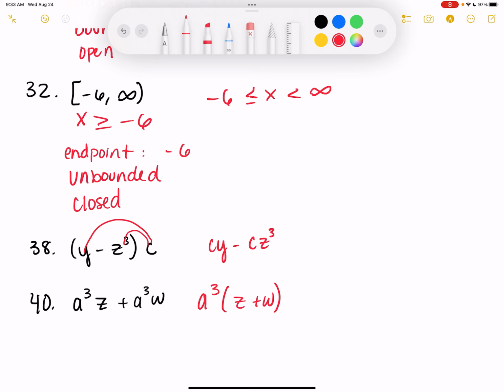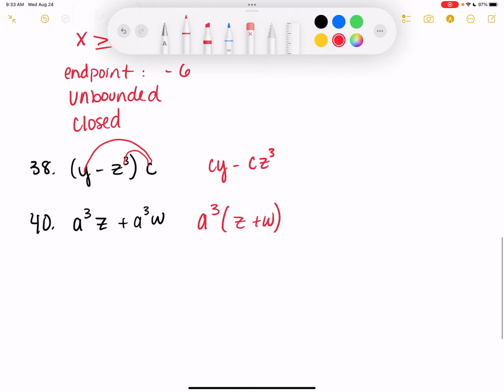Next one. Simplify the expression. Assume the variables in the denominator are non-zero. 48, in parentheses 3x squared, outside the parentheses squared, y to the 4th, all over 3y squared. So we want to simplify this as much as possible.